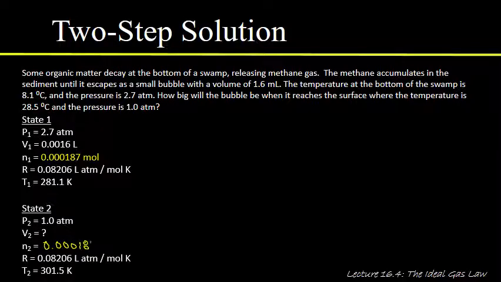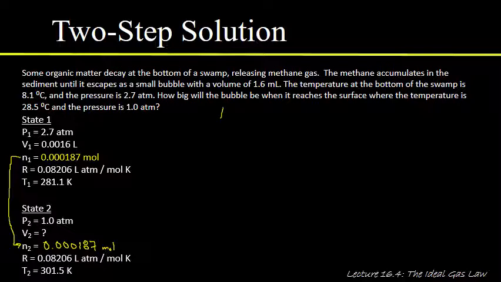All the gas that's in the bubble stays in the bubble. It's like Vegas. What happens in the bubble stays in the bubble, right? So the number of moles isn't changing. That's a constant. Whatever we have in state 1 has got to be the same as it is for state 2. So now for state 2, we only have one unknown, and that's the volume.